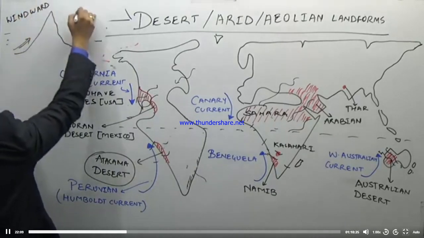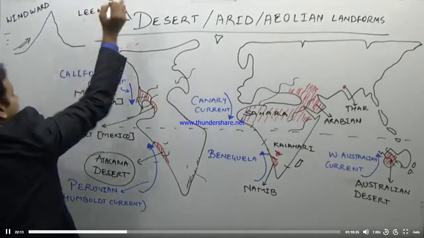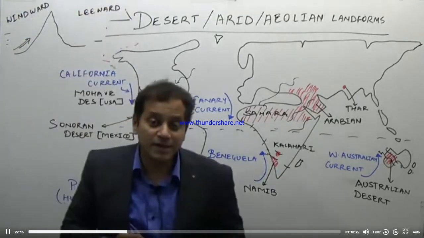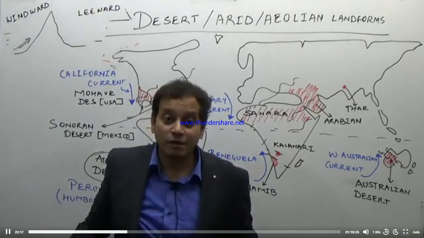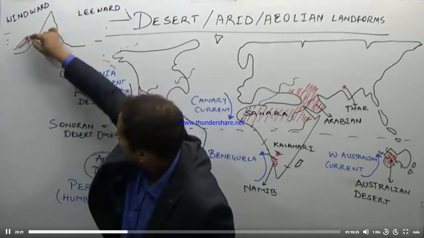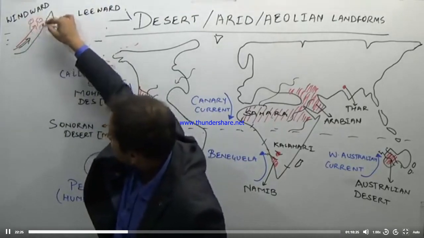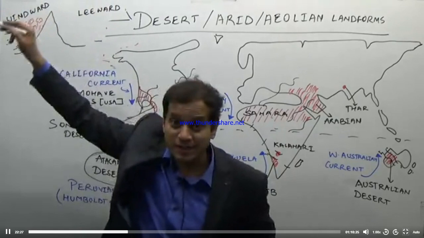But the other side, this side is known as leeward side, which does not face the wind. The leeward side does not get any rainfall. Why does it not get any rainfall? Because while rising here, the winds will give rainfall. It will result into formation of a cloud. It will give very heavy rainfall because there is decrease in the temperature.